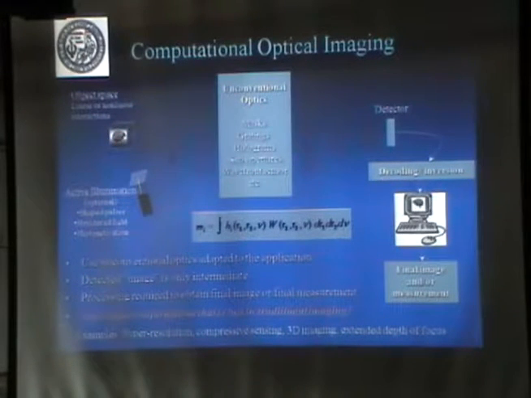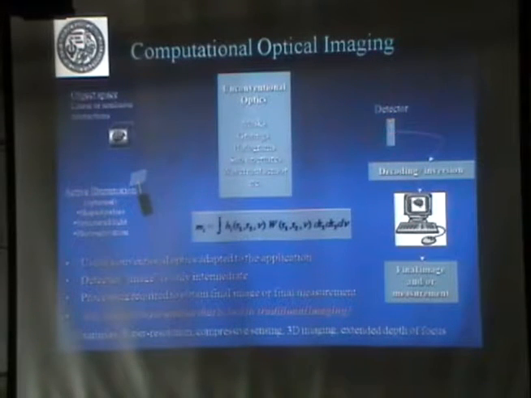Then you have this object, and what you detect in this paradigm of imaging is not necessarily an image, not necessarily the ultimate thing you want to see. This is a bit more delicate, but let me explain. What you get here, you are then going to process and recover in the computer.